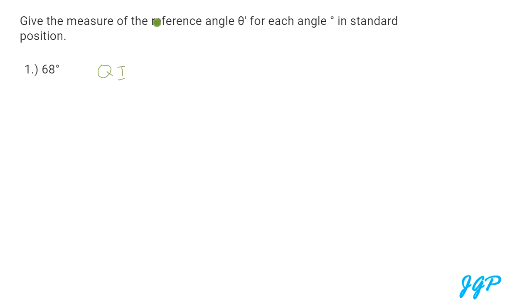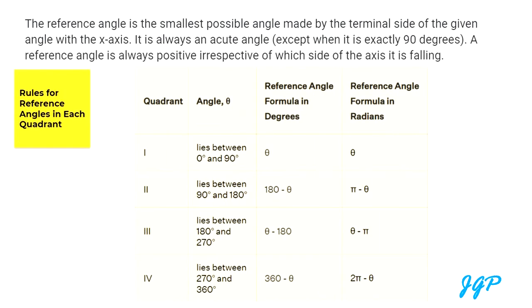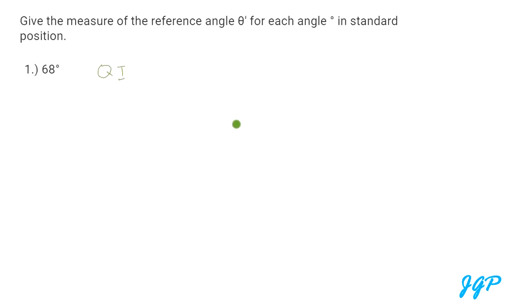And in quadrant 1, if we're going to look at the formula, the formula for the reference angle is equal to the theta given or the angle given. So, meaning, sulat natin ang formula, reference angle is equal to the value of the given angle. So, ibig sabihin, your reference angle now is equal to 68 degrees.